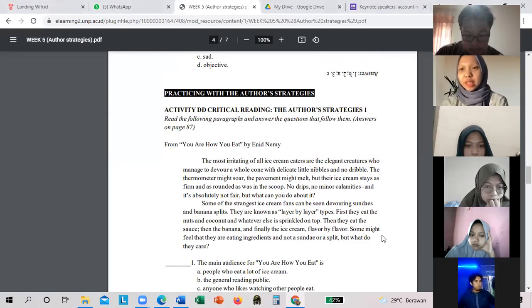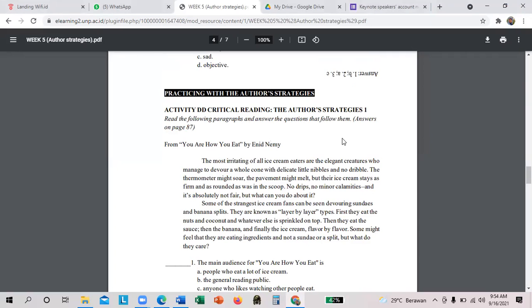The most irritating of all ice cream eaters are the elegant creatures who manage to devour a whole cone with delicate little nibbles and no dribble.